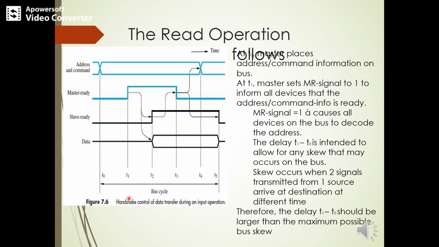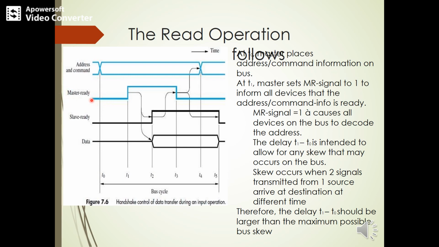Here we can observe the handshake control of data transfer during input operations, that is the read operation. During time T1, the master sets the master ready signal. We can observe that here we have the address as well as commands, and the master ready signal.